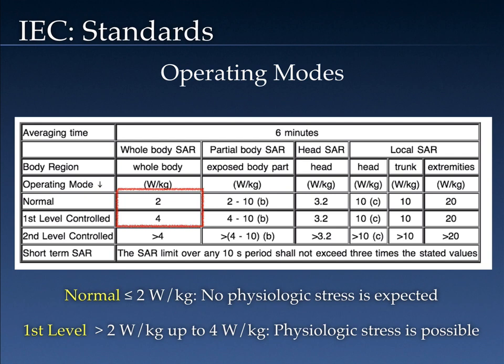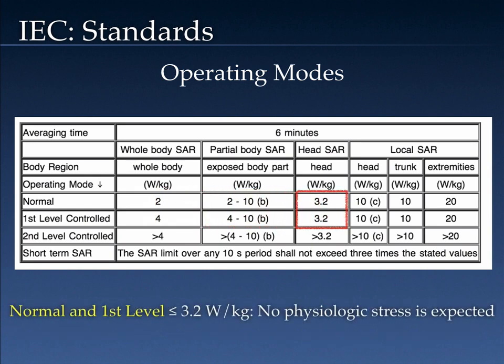The other clinical operating mode is first level controlled mode, and for whole body SAR, that's 4 watts per kilogram. So first level control mode will allow us to go as high as 4 watts per kilogram. But in this upper level, it's important to remember that physiologic stress in some patients is possible. The SAR for head, whether it be normal or first level controlled, is less than or equal to 3.2 watts per kilogram, and in that mode, no physiologic stress is expected.